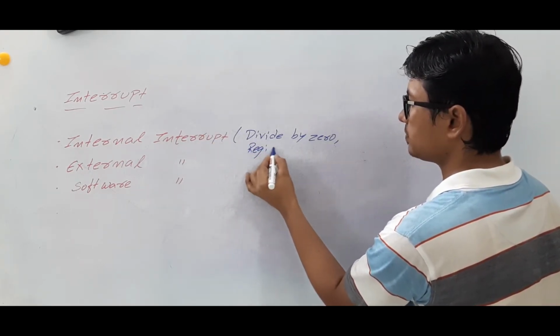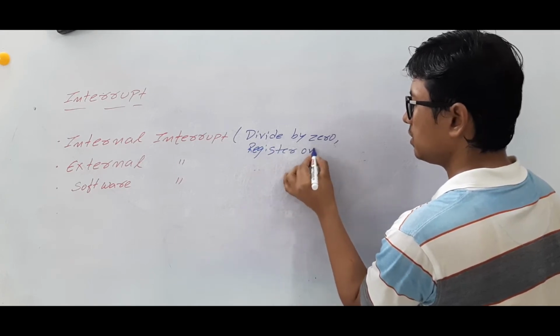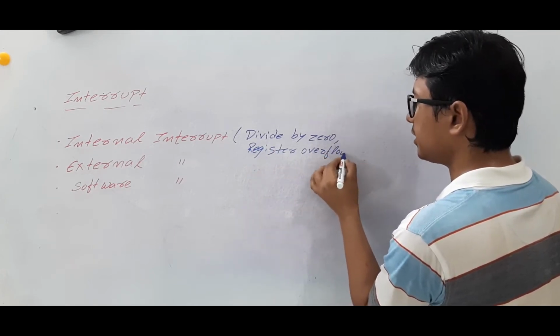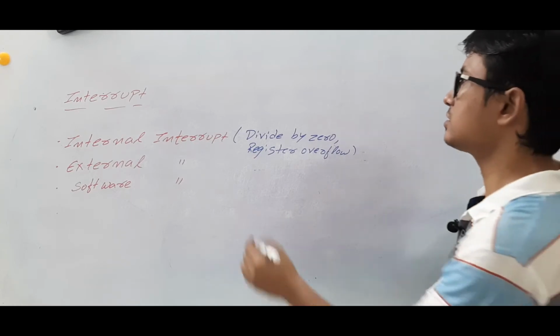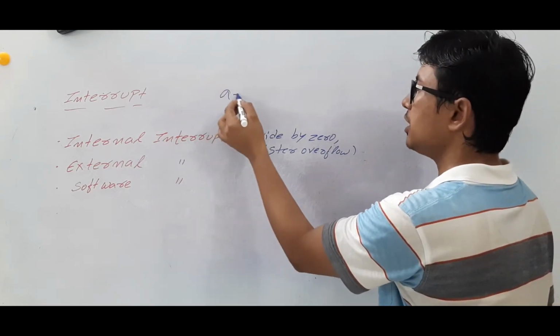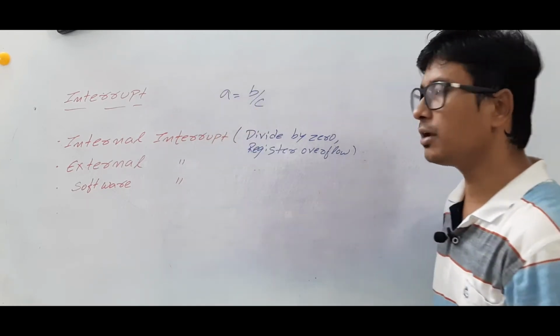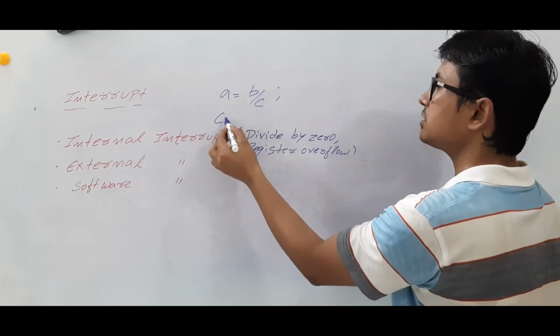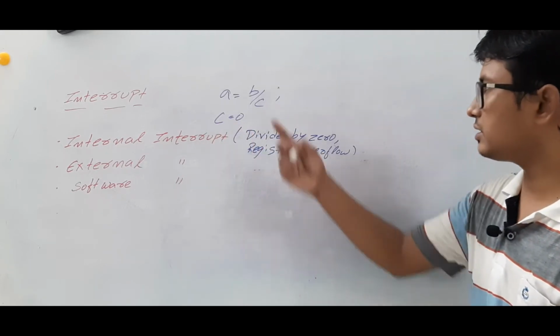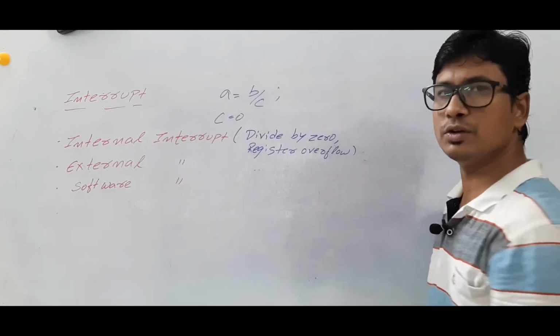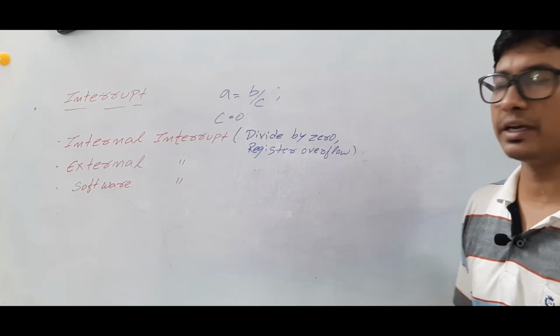Is it clear? Somewhere you have written A = B / C in a program, and later you have initialized C = 0. Then it is an error, because anything divided by 0 is infinity, so it will give you an interrupt.